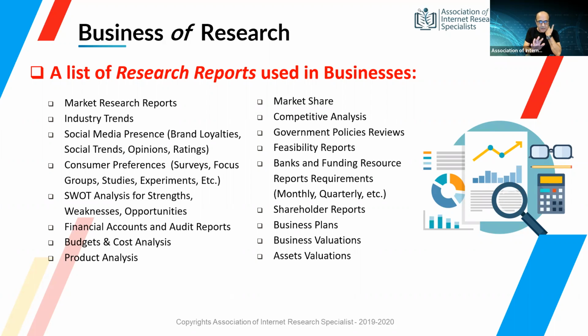This is just letting you know that there are different types of research reports, and this is how they are named. Most of these are the famous ones or typically used by researchers.